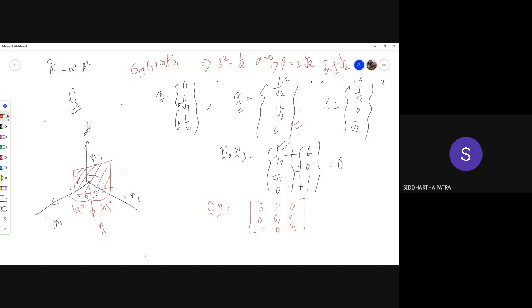Or in other words, you can think of n to be 1 by root 2 n1 plus 1 by root 2 n2.